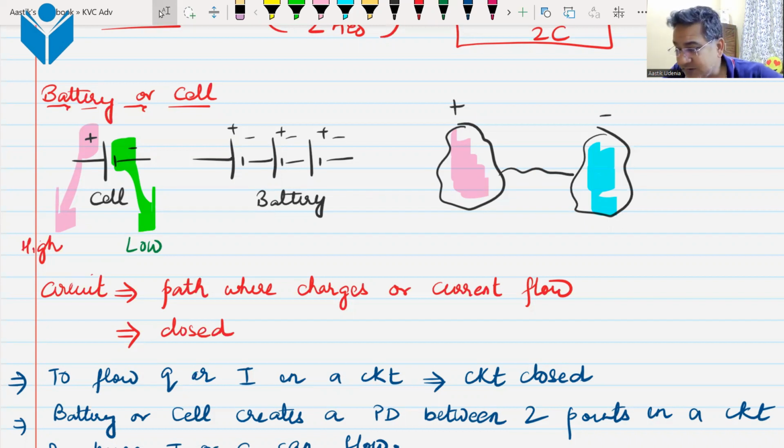Every battery has a negative terminal which is at a lower potential. Every battery has a positive terminal which is at a higher potential. The flow of positive charges in the circuit, outside the battery, is from positive terminal to negative terminal. That is known as the direction of conventional current.